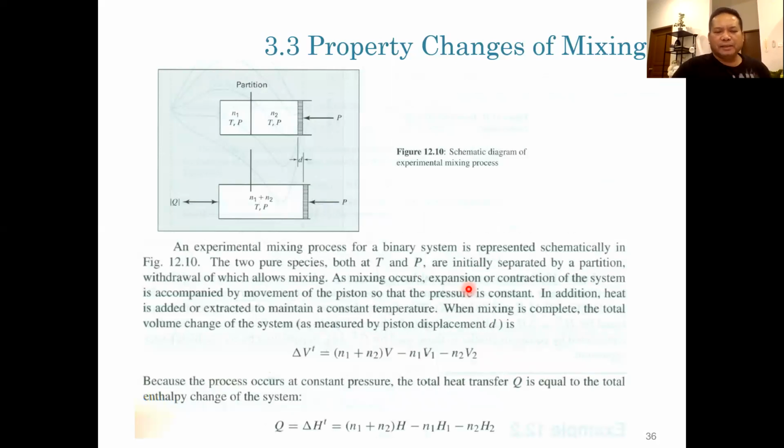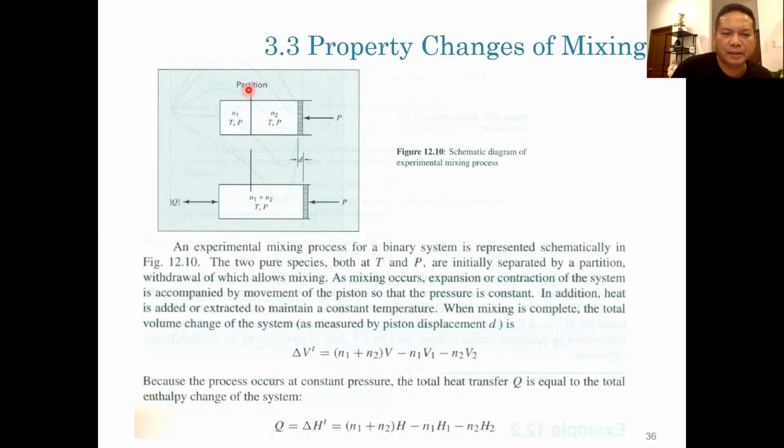Property of mixing in experimental character. Let's read this question. An experimental mixing process for a binary system is presented schematically in figure 12.10. The two pure species, both at T and P, are initially separated via partitions, withdrawal of which allows mixing.